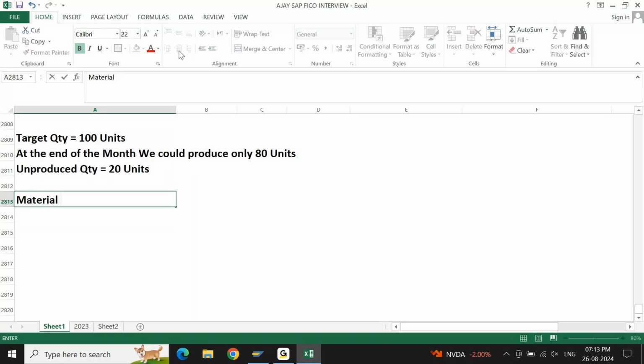There's something called a material, and each material has a status. What are the statuses that you usually find for a material? Finished, semi-finished, work in progress, raw material.